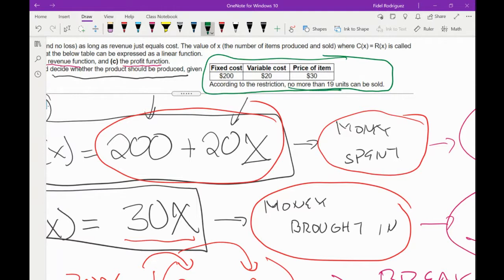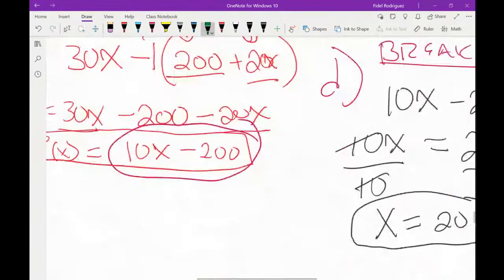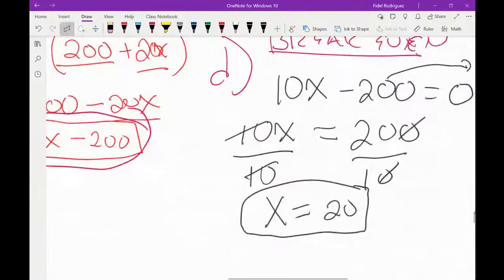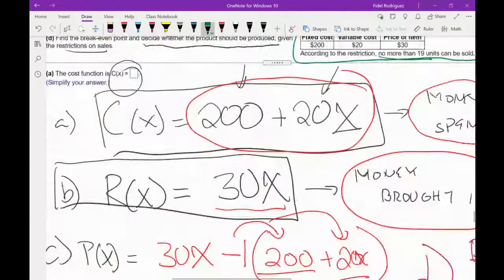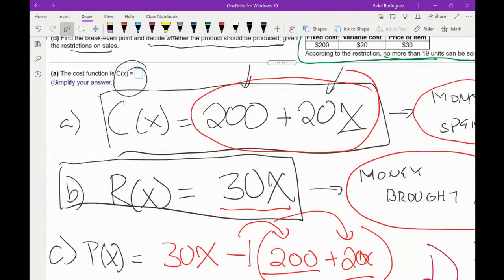So we can't sell more than 19. But in order for us to break even, we need to sell how many? 20. We need to sell 20. So should the product be produced? We're going to say no, because we need to make and sell more than 19 in order to break even.